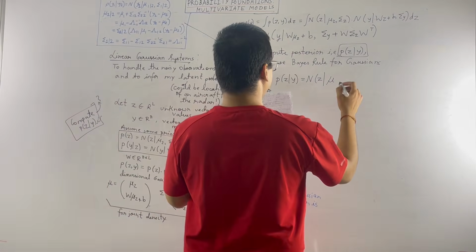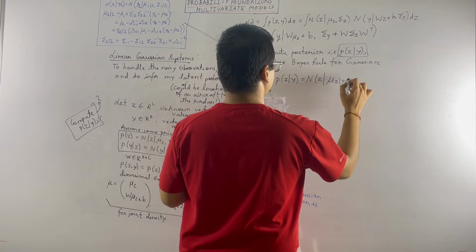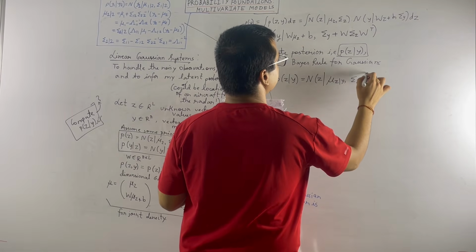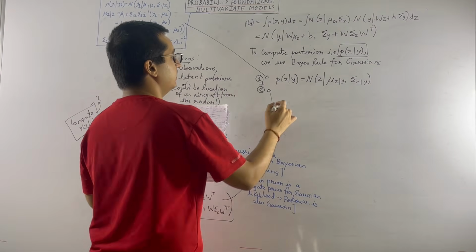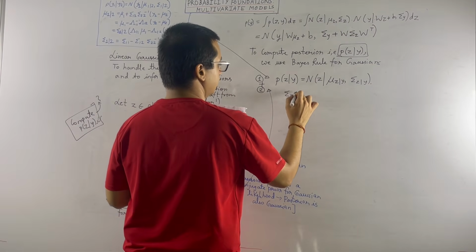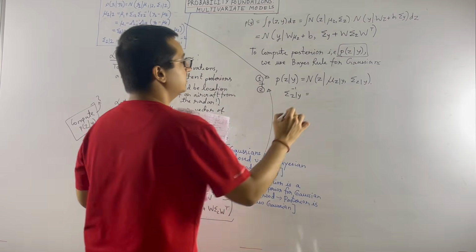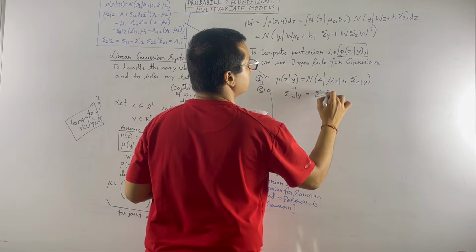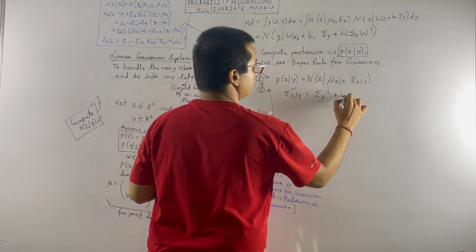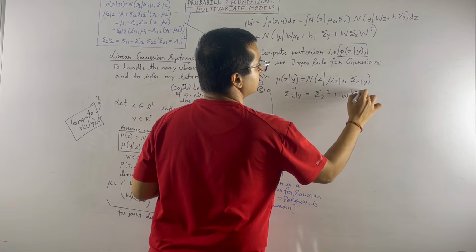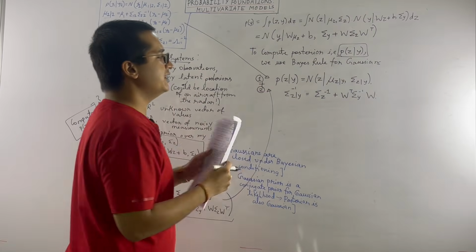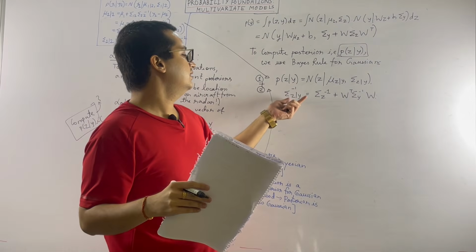So mu z given y, sigma of z given y. All right, and so these terms: sigma of z given y inverse is equal to sigma z inverse plus w transpose sigma y inverse w. So try to get some structure. See, for instance, z given y.